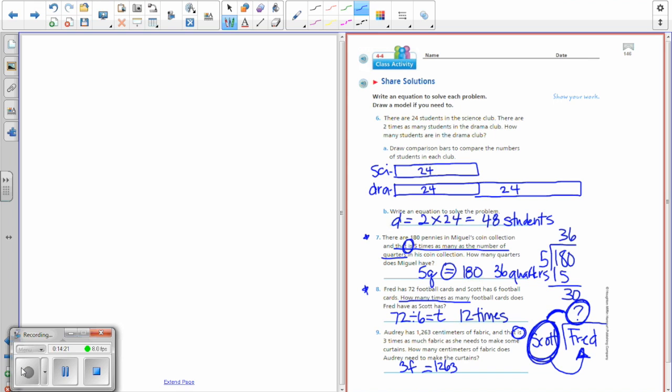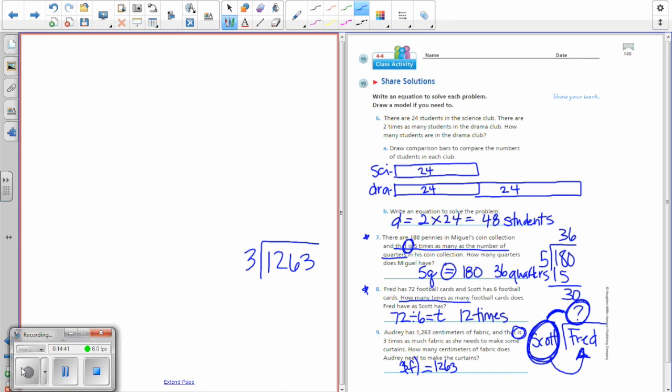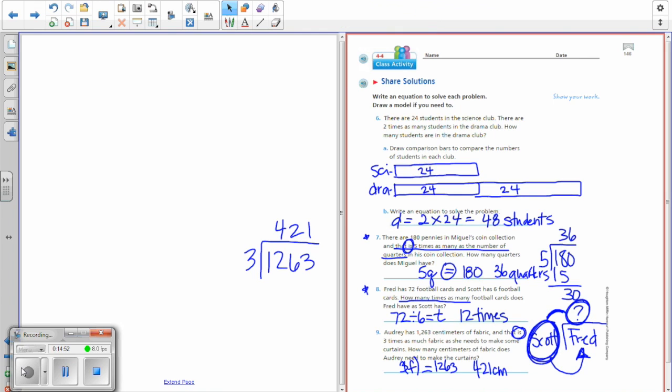We need to find out what one curtain would need. So we would do 1,263 divided by 3, and we would get 421. So she needs 421 centimeters of fabric.